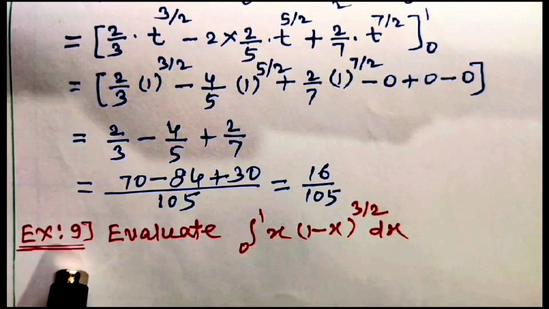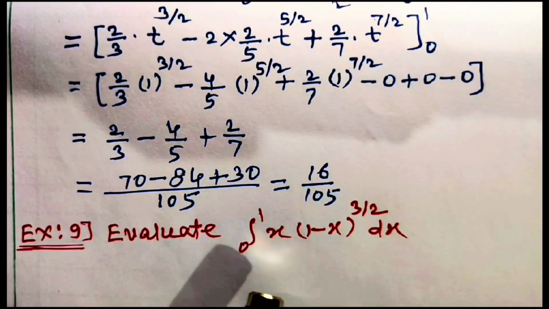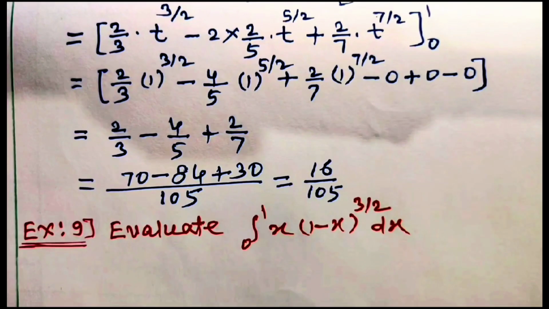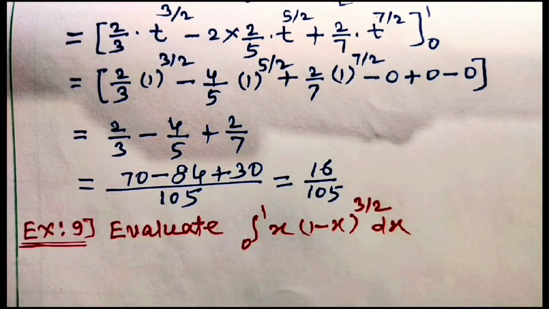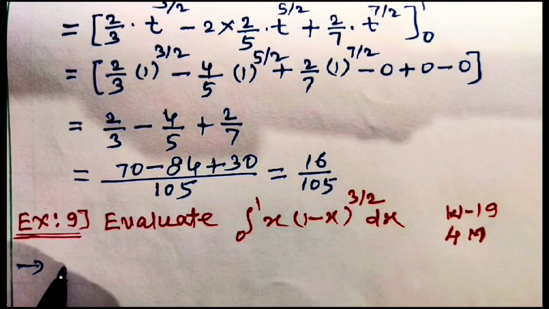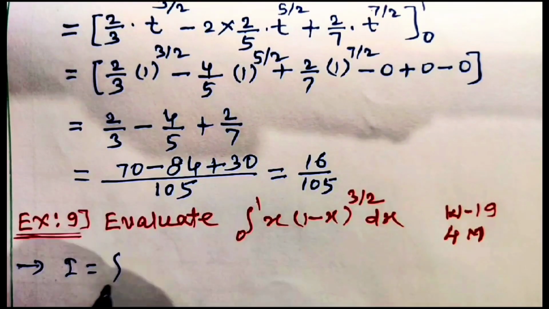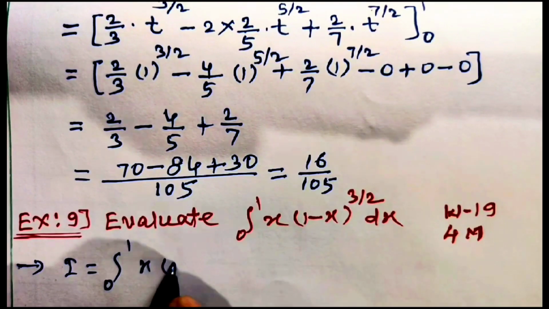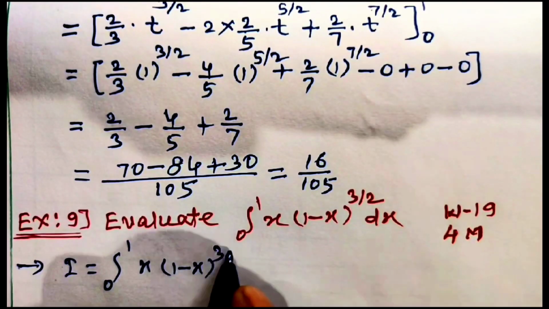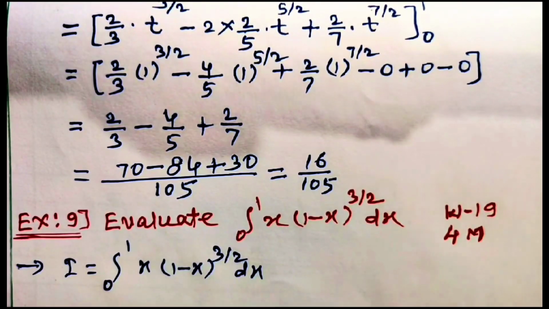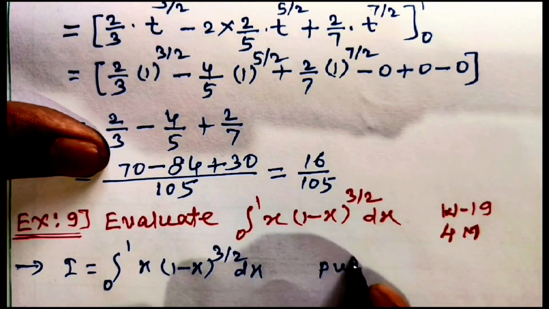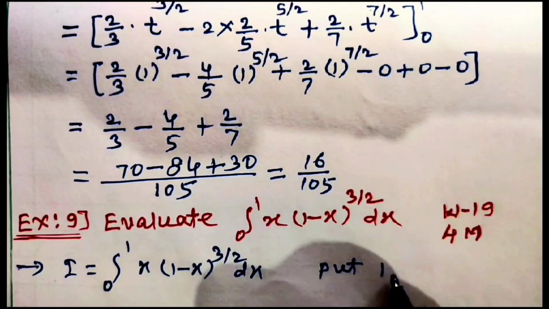Let us solve sum number 9. Evaluate the integral from 0 to 1 of x into 1 minus x to the power 3 by 2 with respect to x. Let I be equal to the given integral from 0 to 1 of x into 1 minus x to the power 3 upon 2 with respect to x. Now here substitute 1 minus x is equal to t.